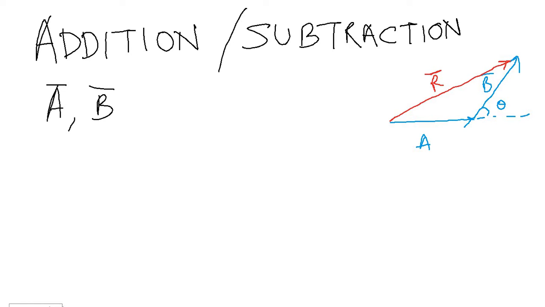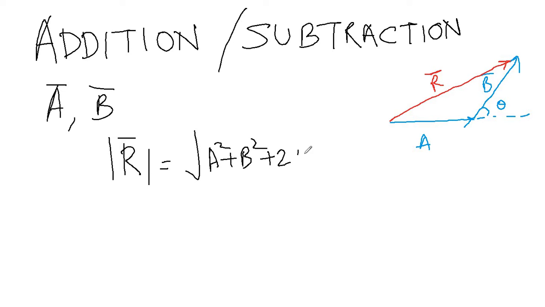And now we are required to find out the magnitude of r as well as the direction of r with respect to the a vector. So the formula for the magnitude is given by square root of a square plus b square plus 2ab cos theta, and the angle at which the resultant vector is aligned can be found out geometrically.